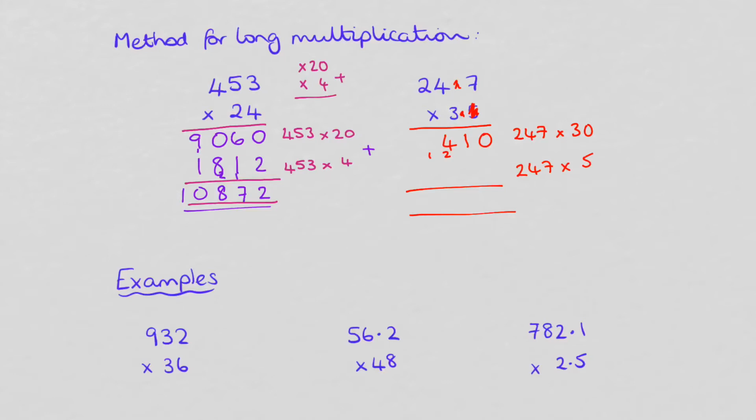And then 2 times 3 is 6, add the 1, makes 7. Okay, so 247 times 3 is 7,410. Okay, so the next line is 247 times 5, so let's bring that 5 back.